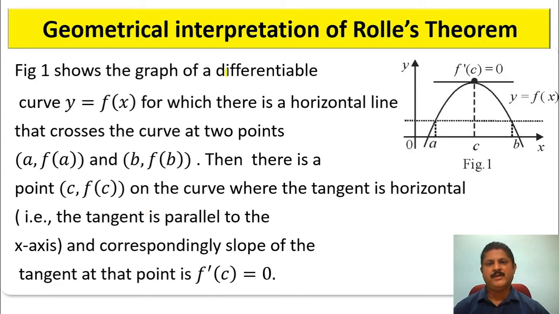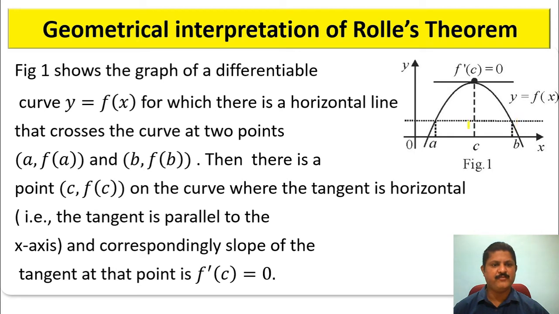Next, the geometrical interpretation of Rolle's theorem. Figure 1 shows the graph of the differentiable curve y equals f of x. There is a horizontal line that crosses the curve at 2 points, a, f of a and b, f of b.